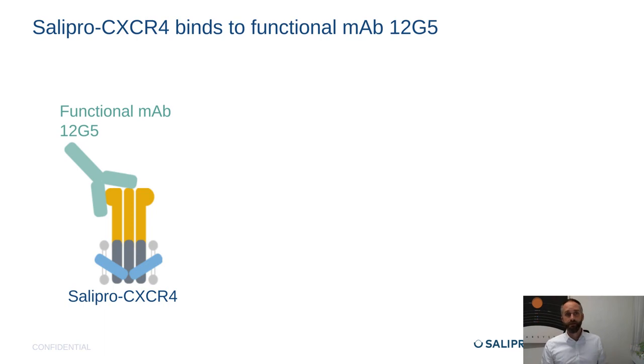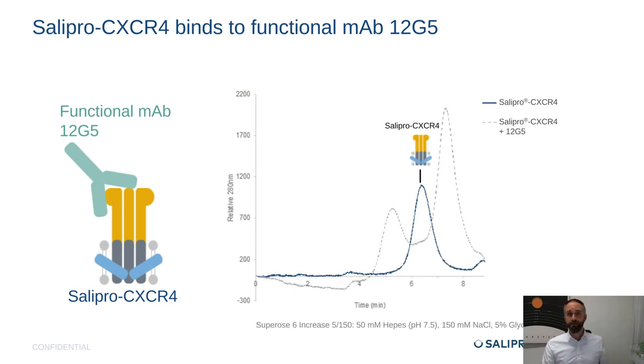There's an antibody called 12G5, which has also been shown to be efficient in mouse models, for example. It recognizes CXCR4 expressed on cells, and we wanted to see whether this specific antibody does the same to the CXCR4 that we have in the Salipro system. Here we're looking at size exclusion profiles where we have Salipro CXCR4 and another peak which corresponds to this antibody.